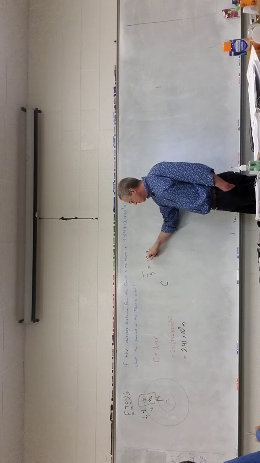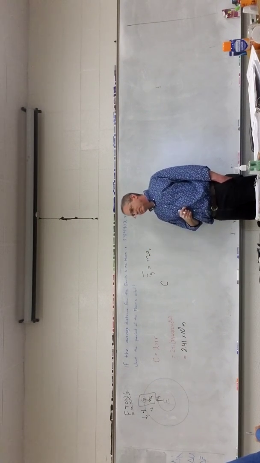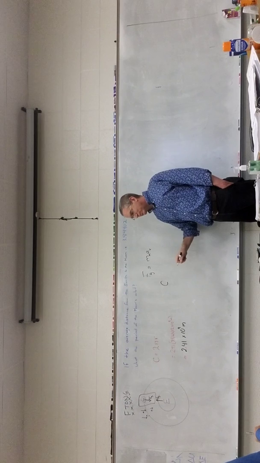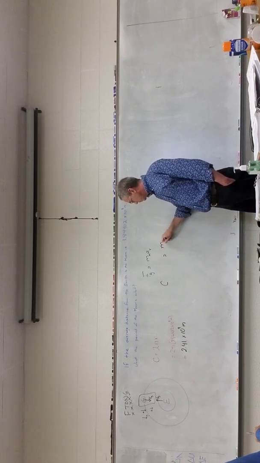Oh, and this is mass of moon, and the v squared over r. That's over here. So we have mass of moon, v squared over r.